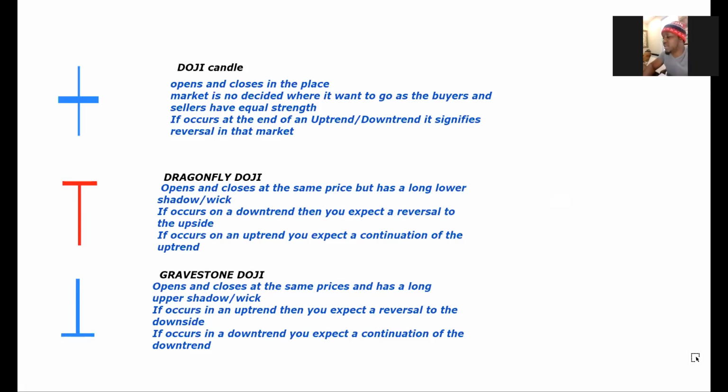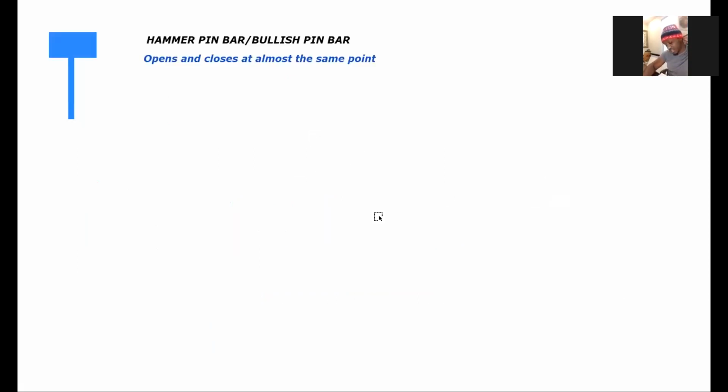But they're not the same. I mean, they will indicate the same thing. It's a bullish reversal, right? They signify the same thing. Reason why they have different names is because this one does not open and close at the same point, right?